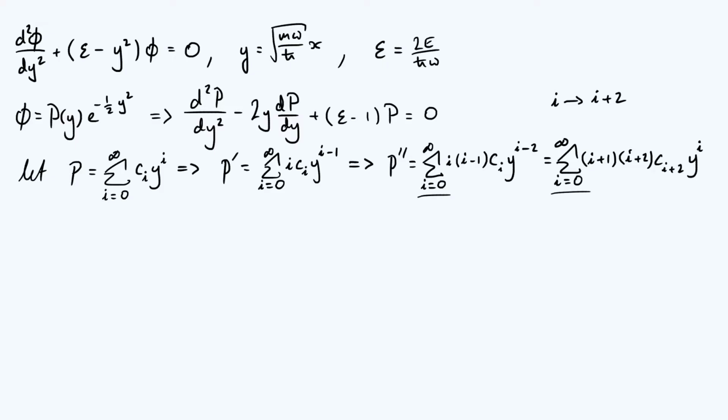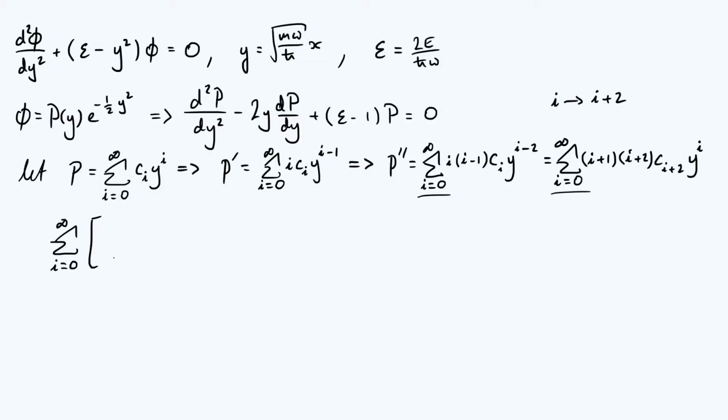So now for all of our infinite sums for p, p dash and p double dash, the ith term is proportional to y to the i, and so we can substitute those into the differential equation. All of them are going to be summed over all values of i from 0 to infinity. So I can write the sum from 0 to infinity of a whole bunch of stuff there.